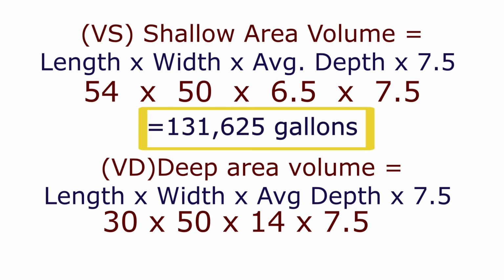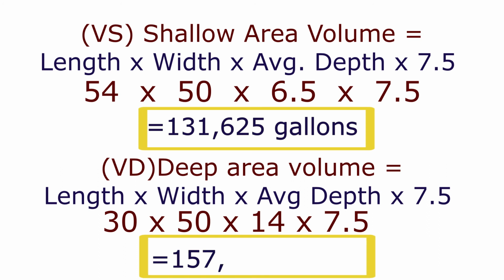That goes there, times the 7.5. Now you just multiply all this out, and you get 157,500 gallons.